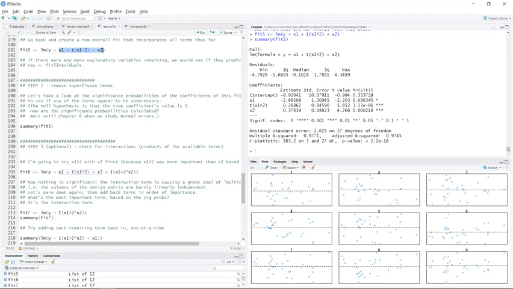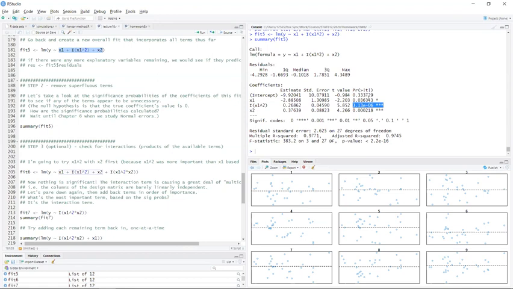So x1 doesn't seem to be nearly as important as x1 squared. Just looking at these significance probabilities, x1 is barely under 0.05. Now, okay, I don't really care about 0.05. But the point is that the significance probability for x1 squared is orders of magnitude smaller than the significance probability of x1.